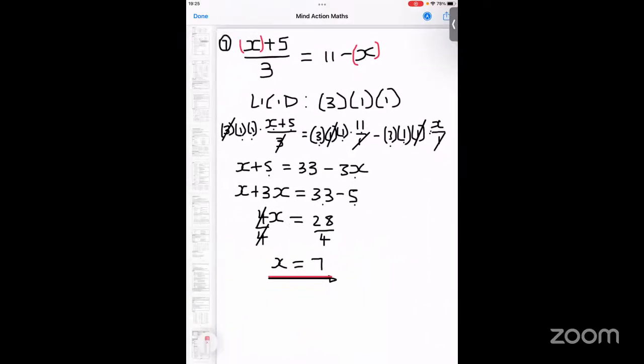If you get different answers, then 7 is not correct. Make sure to punch it correctly, and as soon as you verify, unmute and let me know if that 7 is wrong or correct.